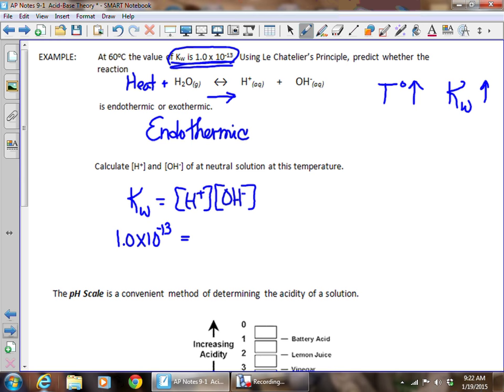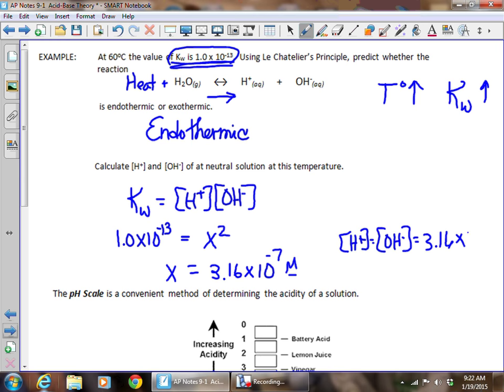And since this is pure water, we know that both hydrogen ion concentration and hydroxide ion concentration are the same. So we can just say this is x squared. So taking the square root of that value, we get that x is equal to 3.16 times 10 to the minus 7th molar, which means that the hydrogen ion concentration, which is equal to the hydroxide ion concentration, is 3.16 times 10 to the minus 7th molar.